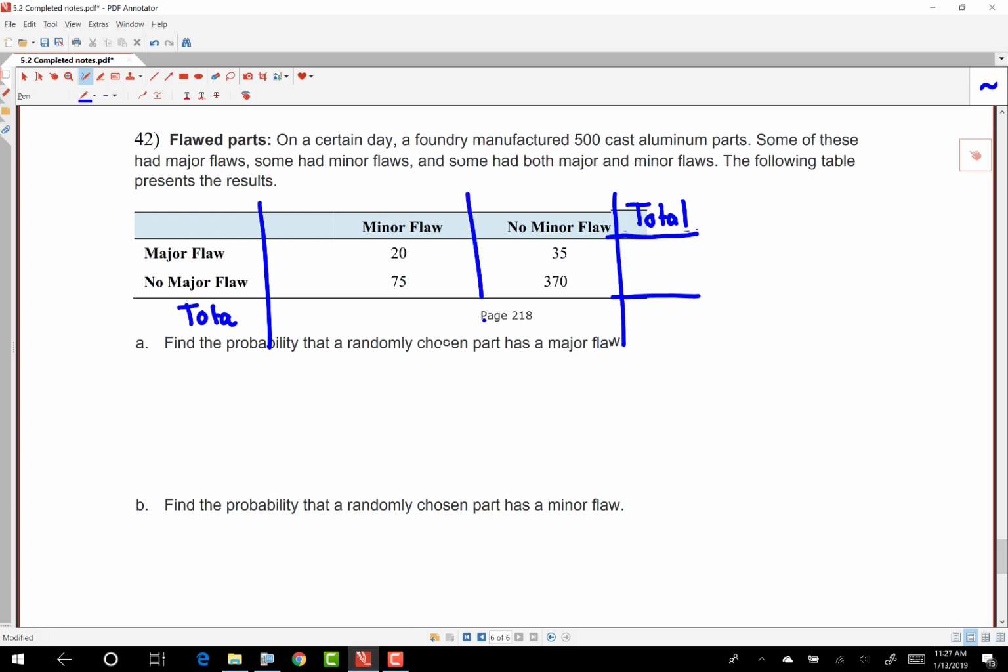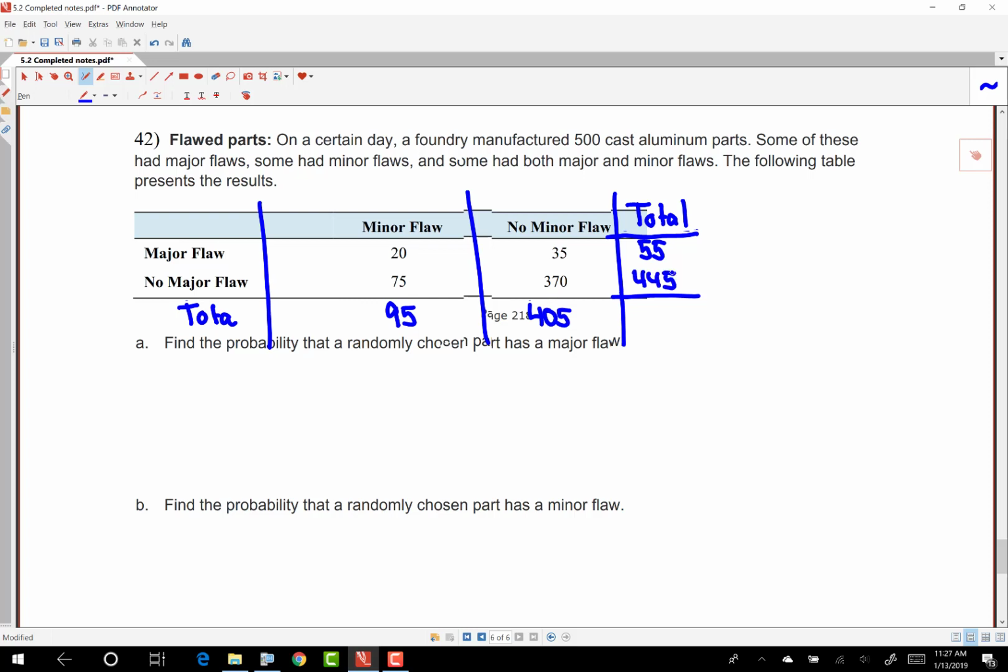Okay, so for the minor flaw, there were 95 total. For the no minor flaw, there were 405 total. Major flaw, there were a total of 55. And no major flaw, 75 plus 370, there's a total of 445.